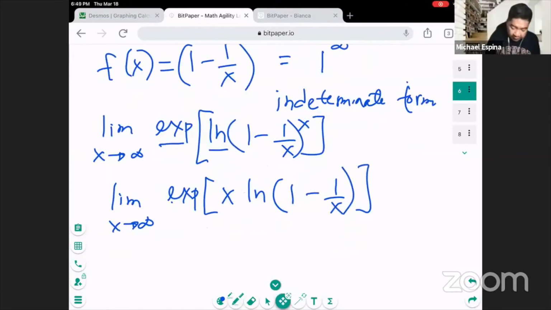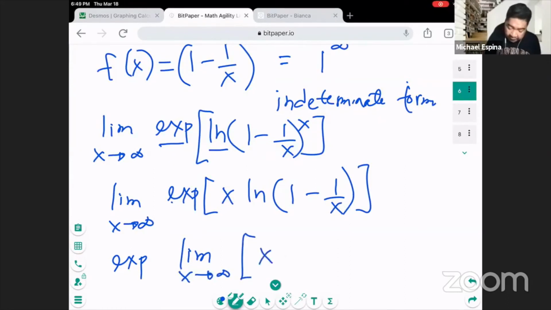So it's exponential of the limit as x approaches infinity of x times ln of (1 minus 1 over x), right?